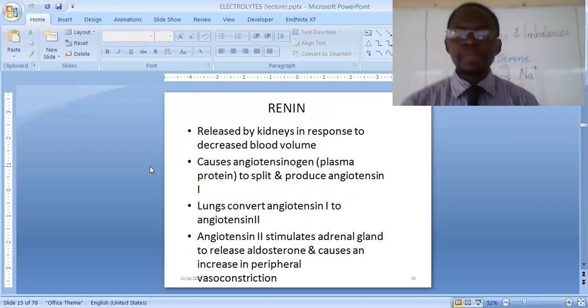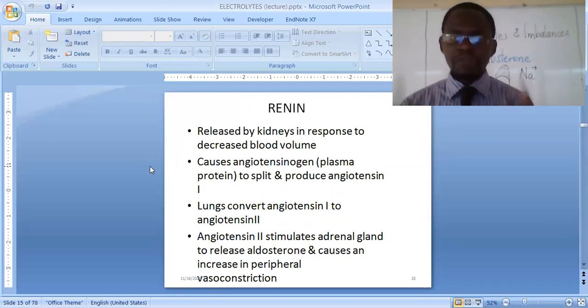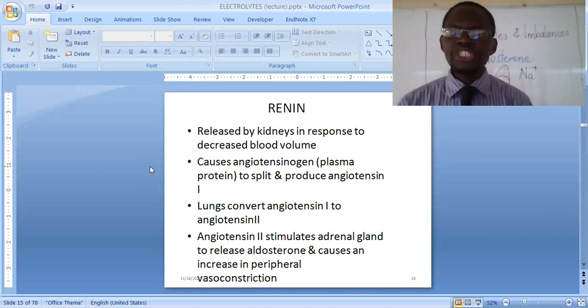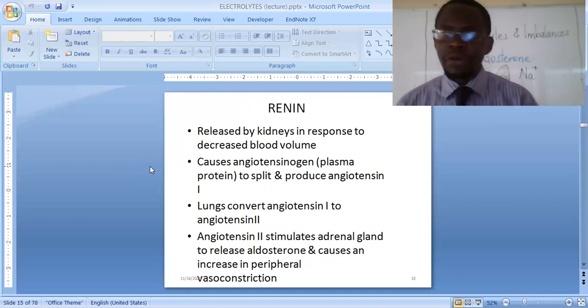Now, the other one is renin. Renin is also a hormone that you should not forget when it comes to water regulation. Now, renin is a hormone that is produced in the juxtaglomerular apparatus within the nephron of the kidneys.